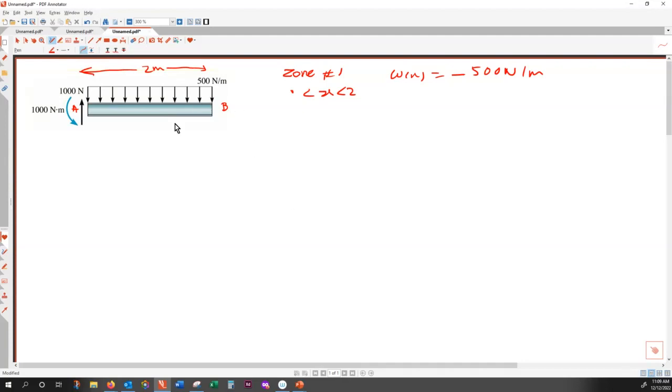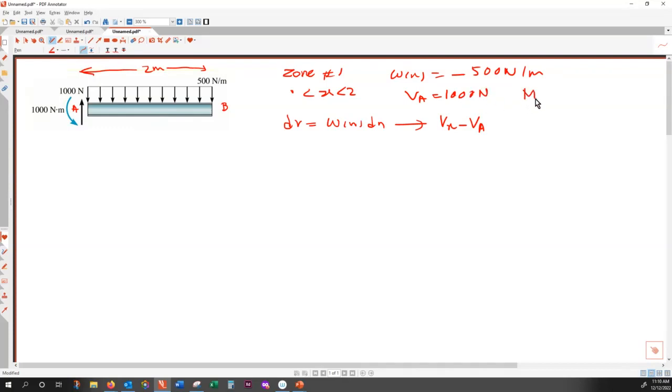So how do we go from here? Well, we know that dV is equal to w of x dx. So let's solve this equation. If I integrate both sides between x and a, that is V of x minus V of a. And by the way, here I know that V of a is equal to 1000 Newton.